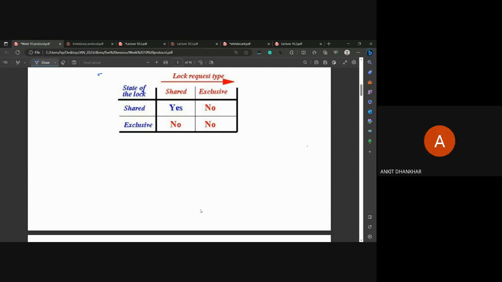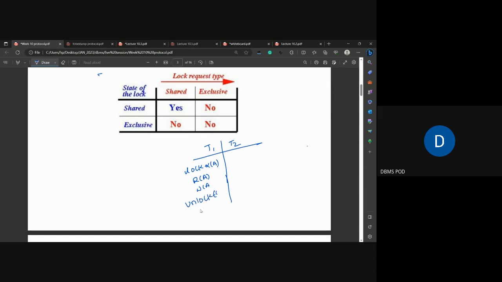If we have applied an exclusive lock on a data item, say A, and have performed the write operation, then we can go for unlocking the data item.